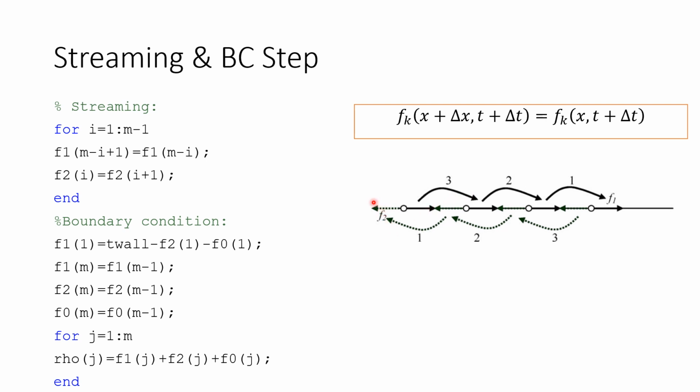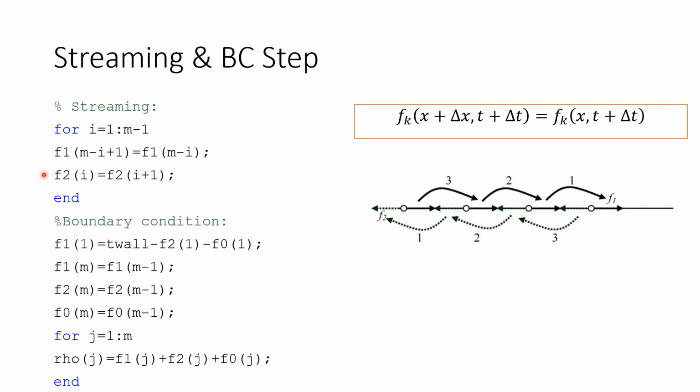And for F2, since it's going in the opposite direction, we'll have to start with the first lattice and then update it with the value of the second lattice, and so on. So that's why for F1 we would have m minus I plus 1, which would give us the last lattice, the lattice at the very end, at the east end, you might say, and that will be updated with the value of f1 at m minus I, which is right next to it.